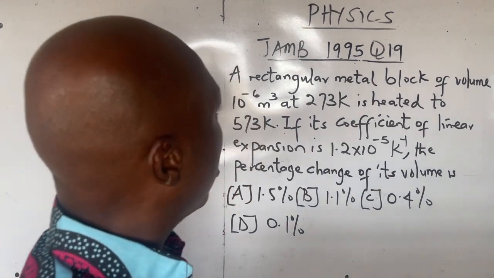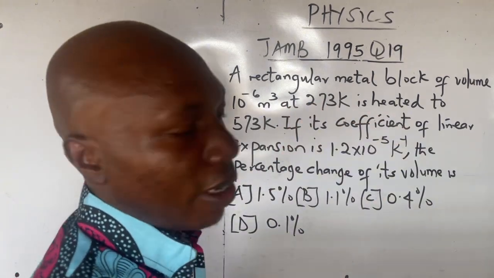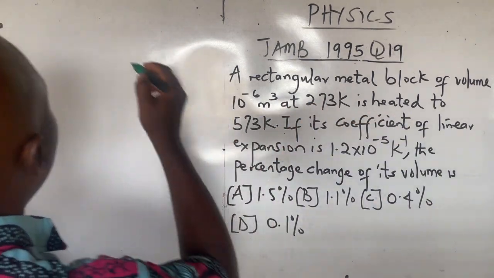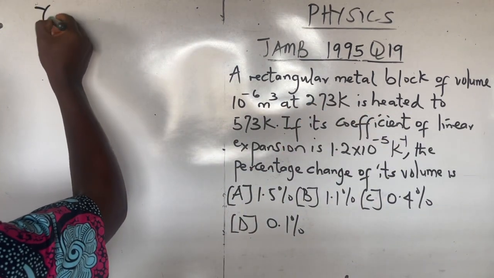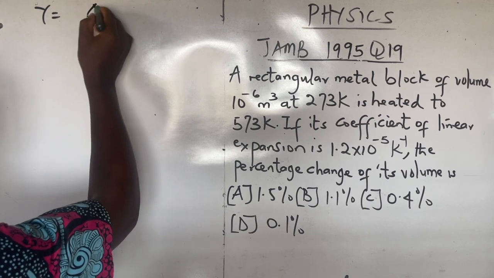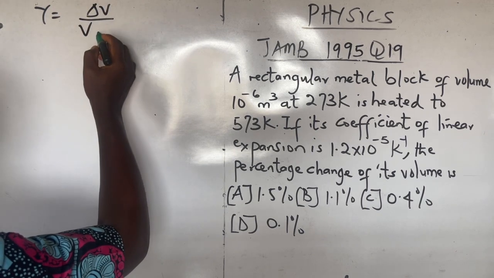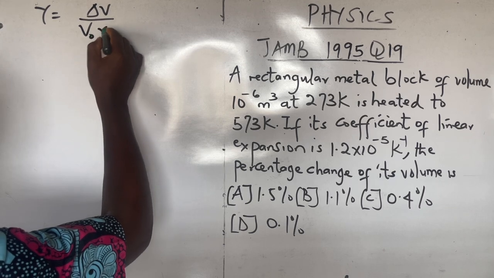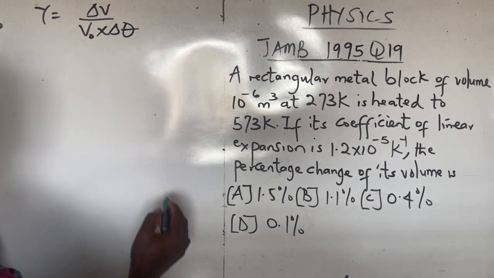So for cubic expansivity, we have this formula. Cubic expansivity gamma equals change in volume over original volume and change in temperature.